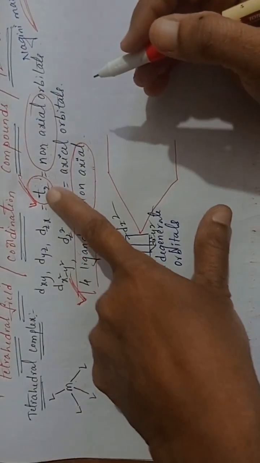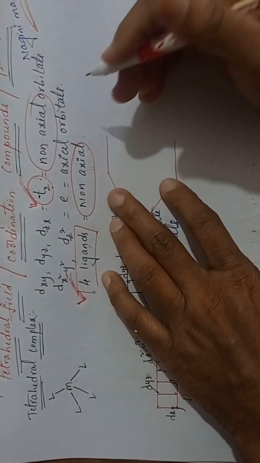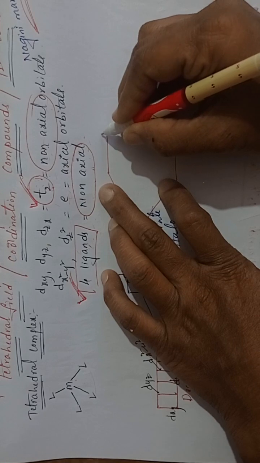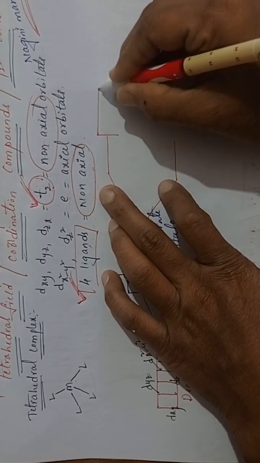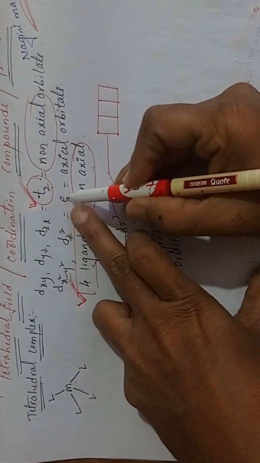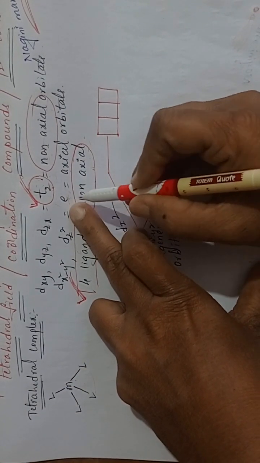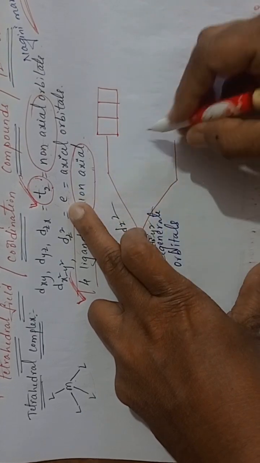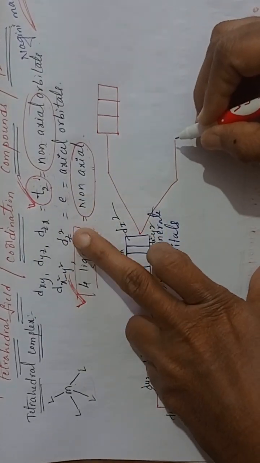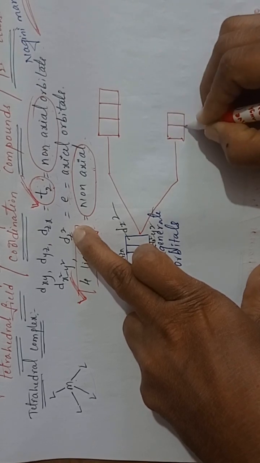That means these three T2 orbitals, dxy, dyz, dzx, will come up. So here I am taking the three orbitals, 1, 2, 3. Next, E orbitals have less repulsion, so their energy is decreased. So they come down, dx square minus y square, dz square. Total 2 d orbitals come down.